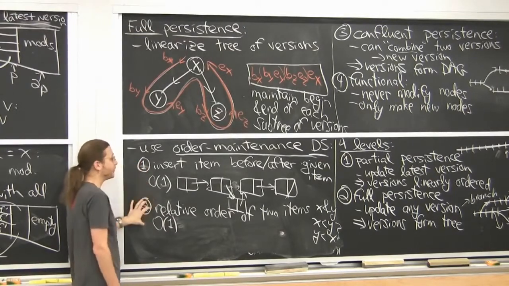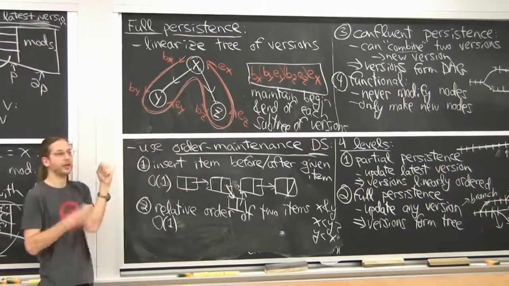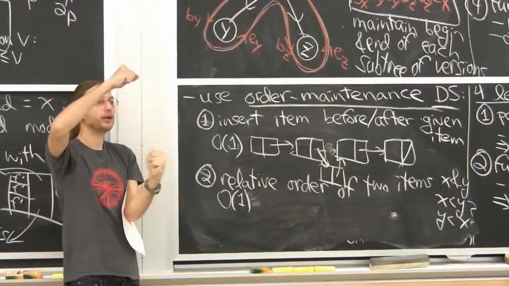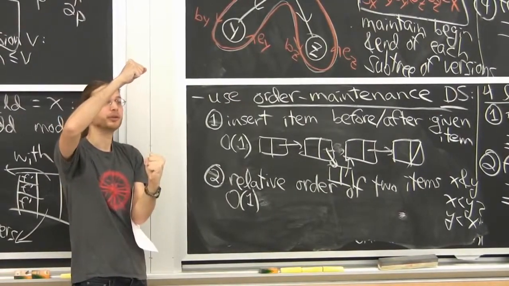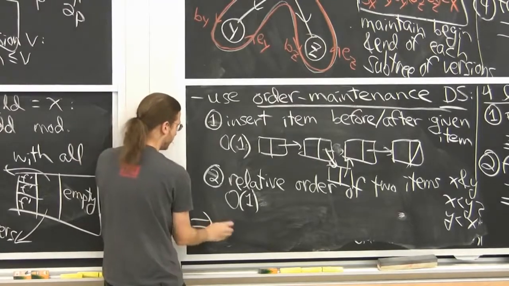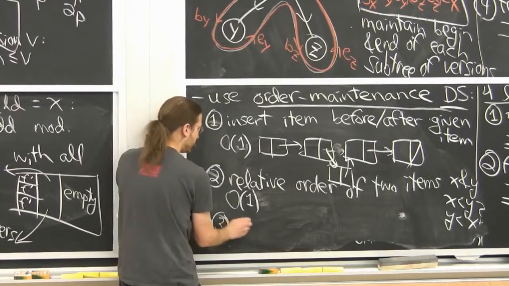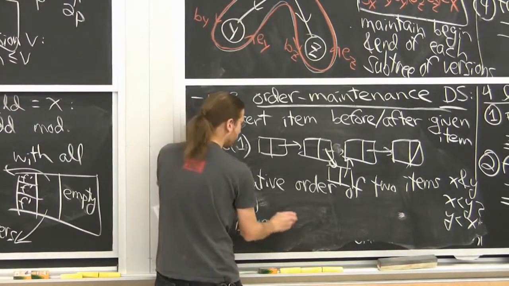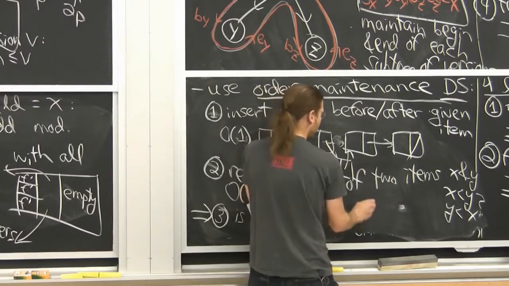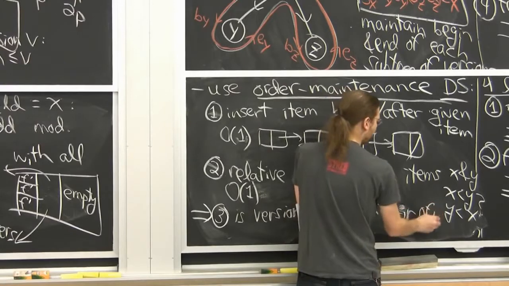And now you have this magical order operation, which if I'm given two versions, V and W, and I want to know, is V an ancestor of W? Now I can do it in constant time. So this lets me do a third operation, which is: is version V an ancestor of version W?